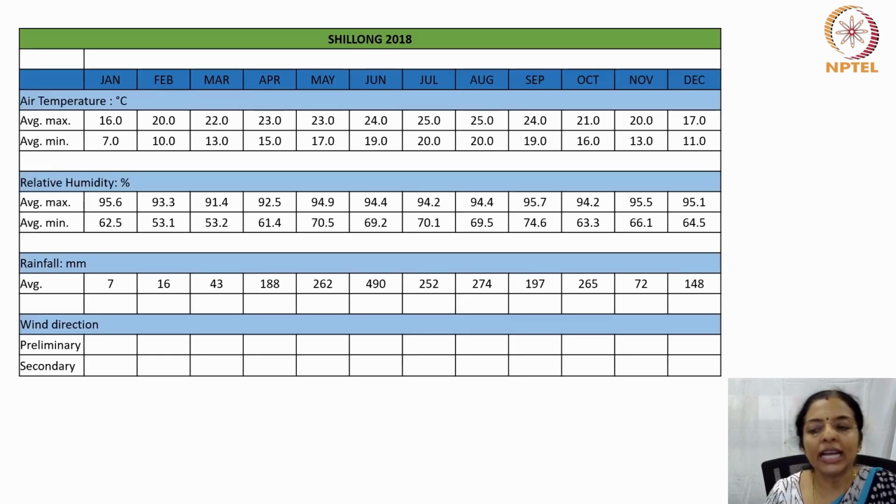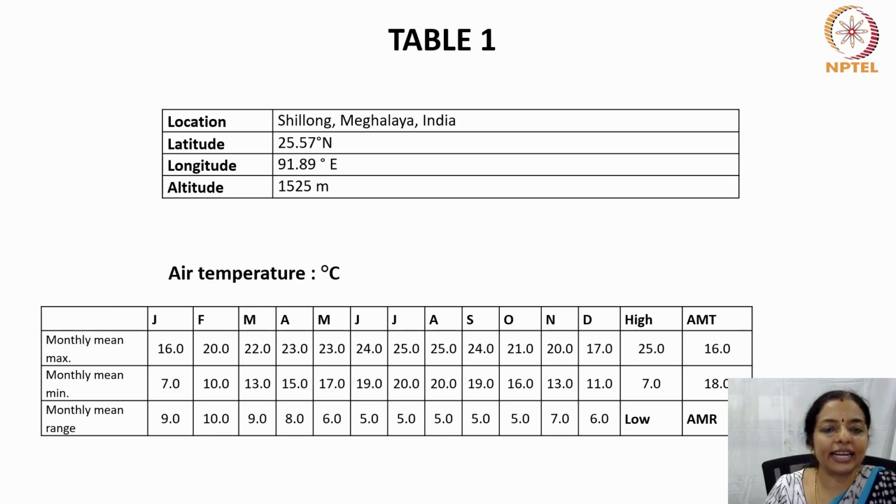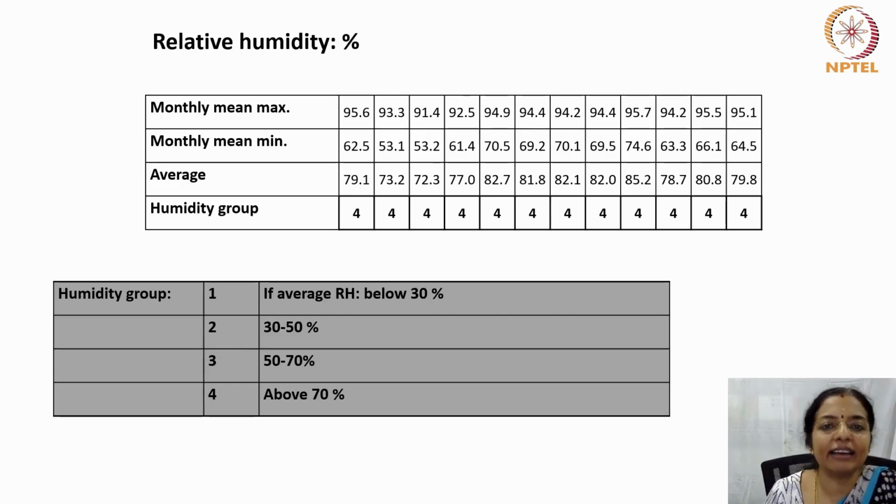Then I will move to Shillong. Shillong we will consider as a cold climate. So for Shillong, I've got the climate data and I am entering that data. I have already entered the air temperature, monthly mean maximum, monthly mean minimum, monthly mean range. Similarly, I have entered the monthly mean maximum, monthly mean minimum relative humidity data, the average data, and based on this, I have entered the humidity group.